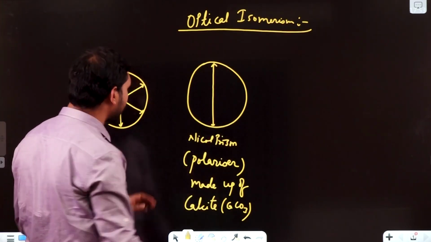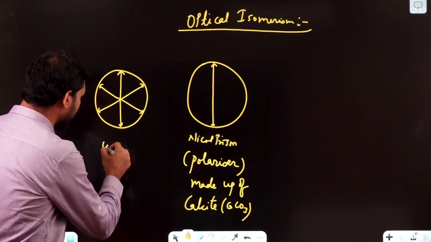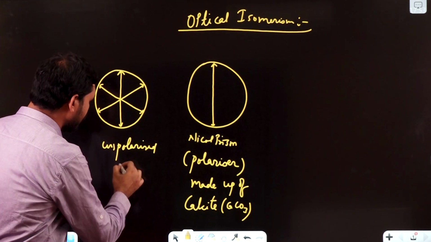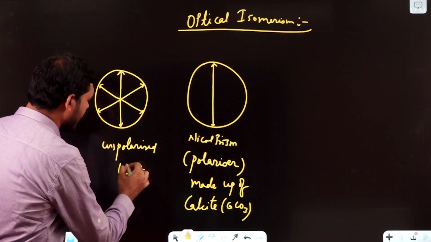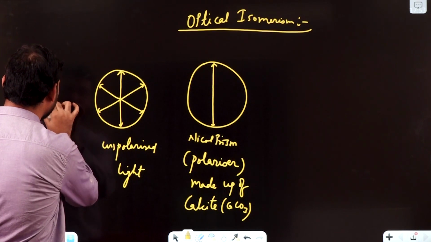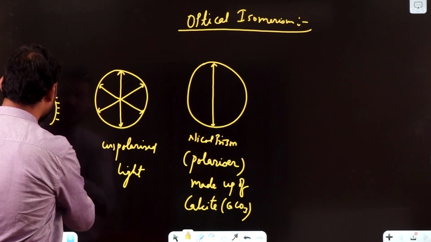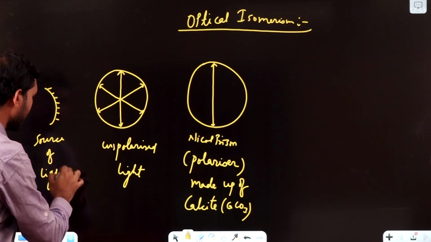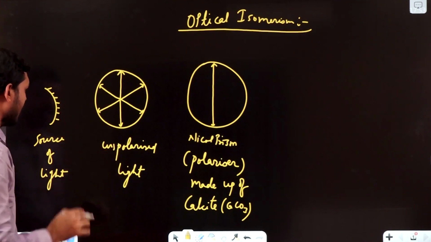Now here it was unpolarized light, coming from a source of light that may be sunlight, tube light, torch, or anything.